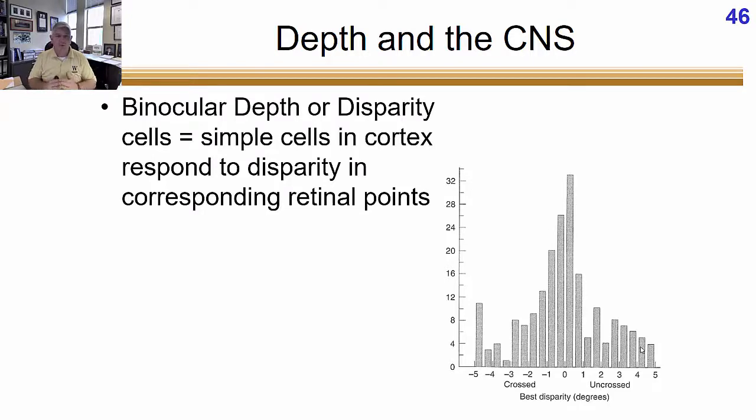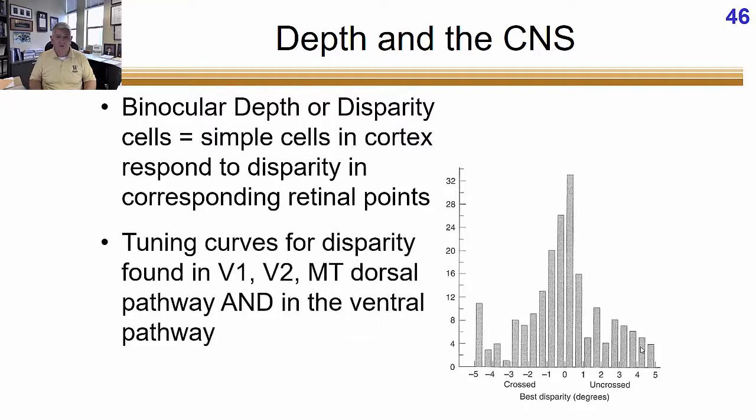It responds the most when the images are on those corresponding retinal points, and it responds less the further crossed or uncrossed those non-corresponding points become. We can also find similar neurons in V2 and middle temporal cortex, and also in the ventral pathway. They're spread throughout the pathway, helping us define depth and define the placement of these points.